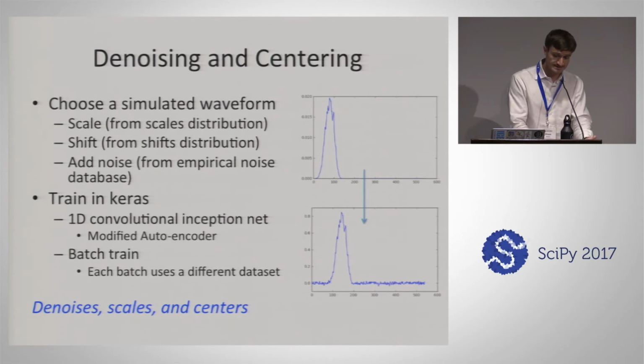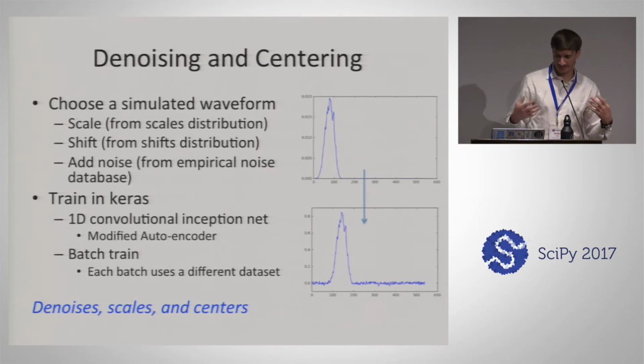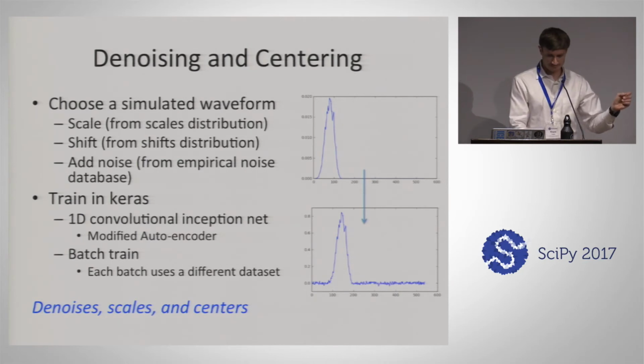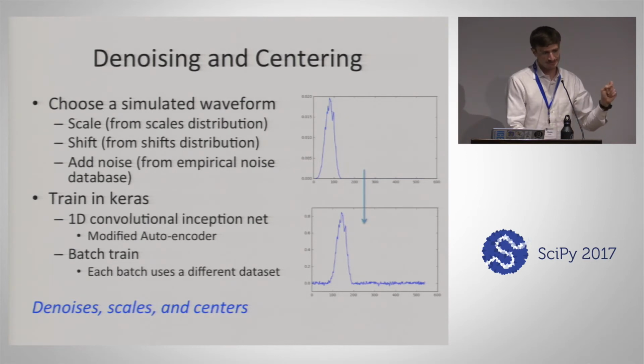pop this up in Keras. And so I would work with a one-dimensional convolutional neural network, so kind of an inception network that looks at multiple scales. And then on each batch, I would assign for each waveform a pick from the distributions of the scale, the shift, and the noise.